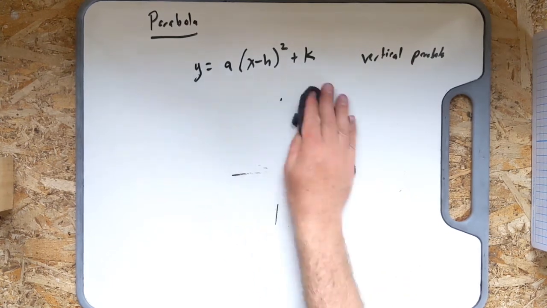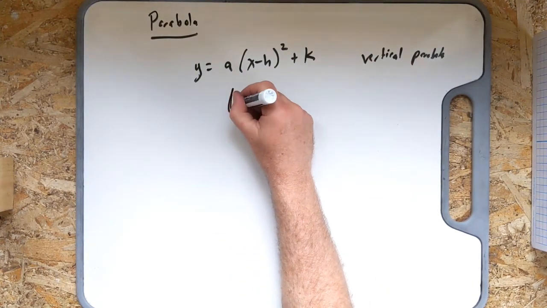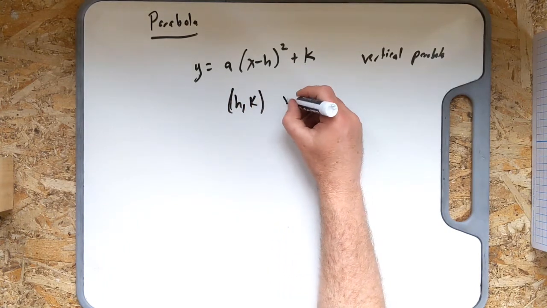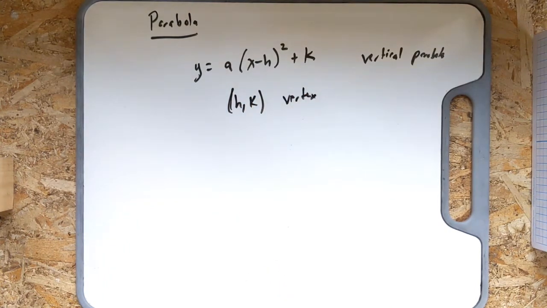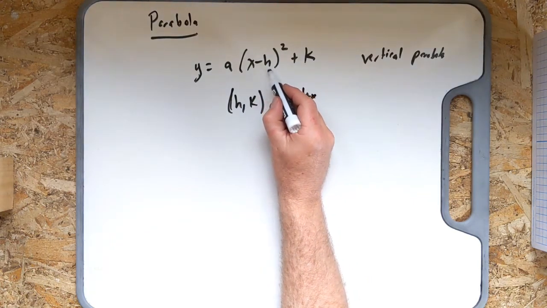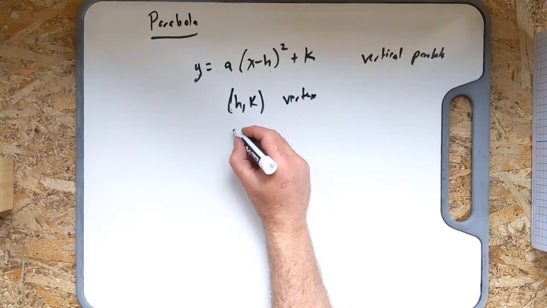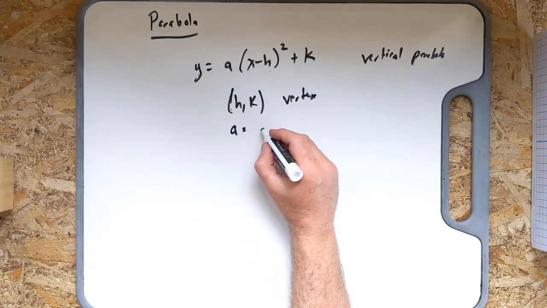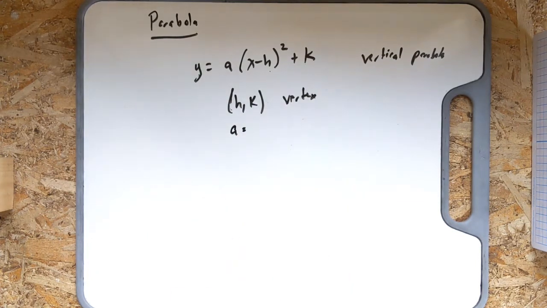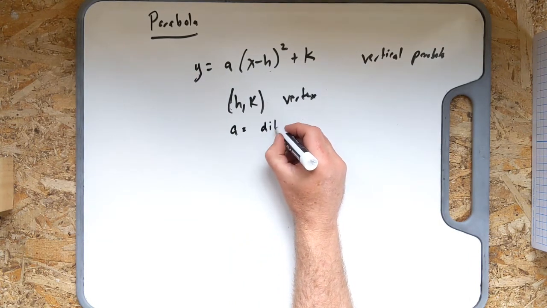But that's the equation for a vertical parabola. In it, (h, k) is the vertex. Notice again it's x minus h, so it'll be important how you choose the h, just like the circle. A basically determines the focal length and the focus, and it is called the dilation constant.